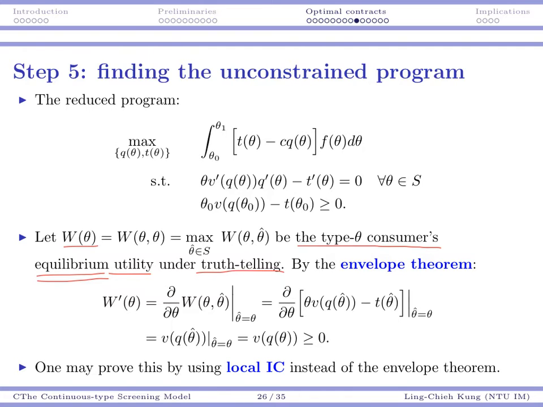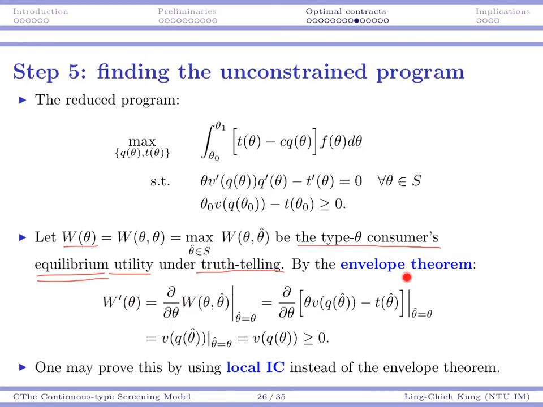Now, according to the envelope theorem, I can show how W of theta is affected by theta. By definition, W of theta is a function of theta, so we can find its derivative with respect to theta.